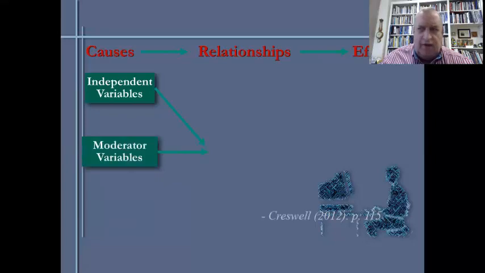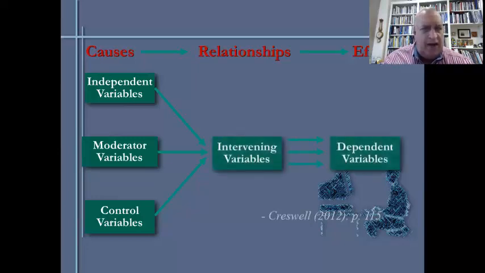Now, let's look at how these relate to one another. We have causes, relationships, and effects. In causes, we have independent variables, the moderator variable, and the control variables. These are all variables that stay the same, that don't change throughout the research. These variables go through an intervening variable.